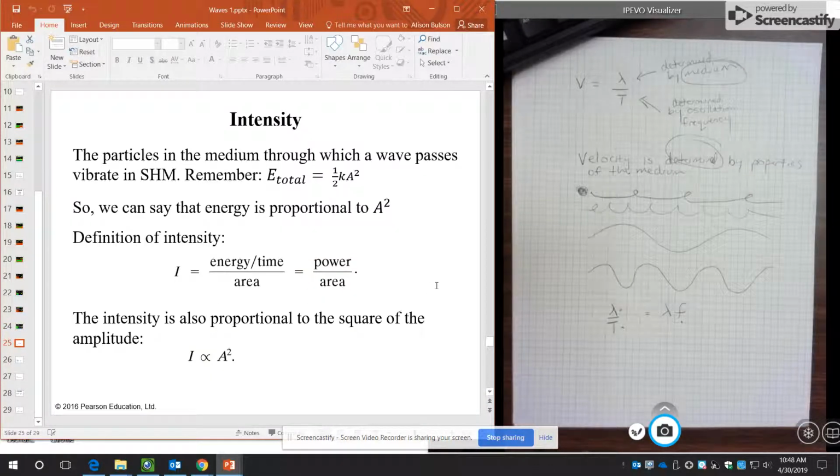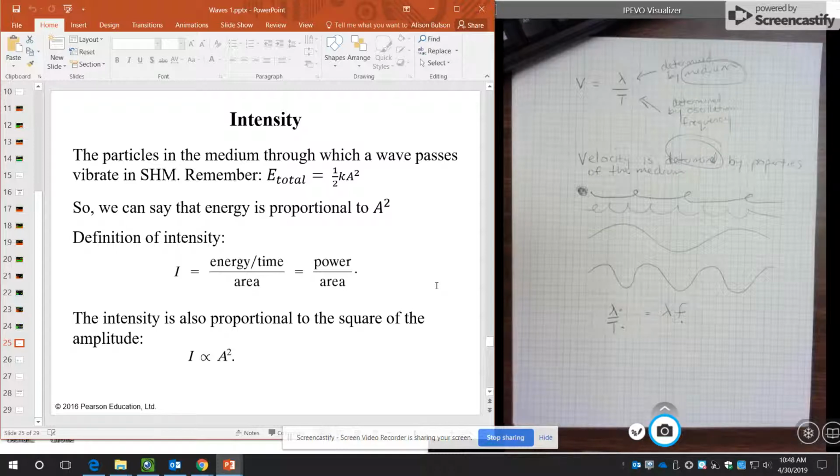All right, so intensity has to do with the amplitude and the energy. They're kind of intertwined. The particles in the medium through which a wave passes vibrate in simple harmonic motion.